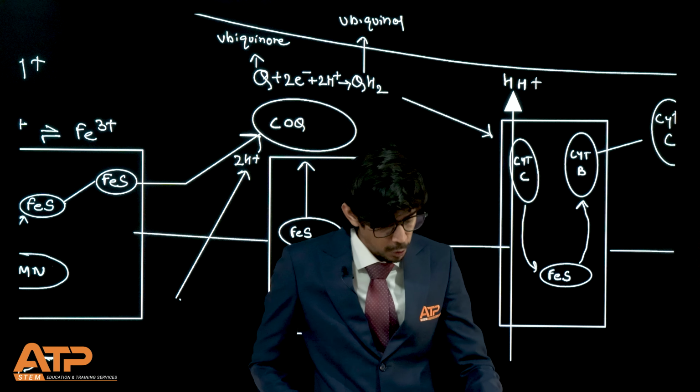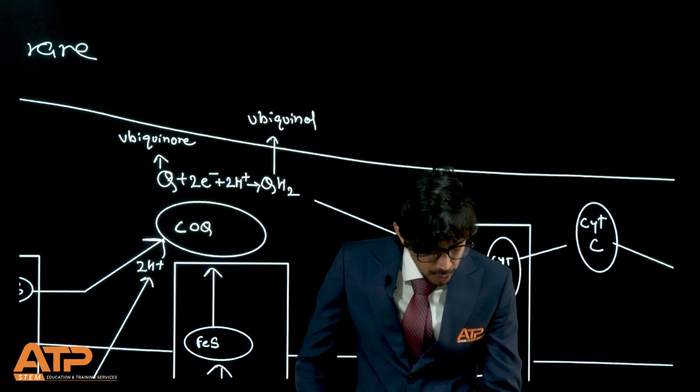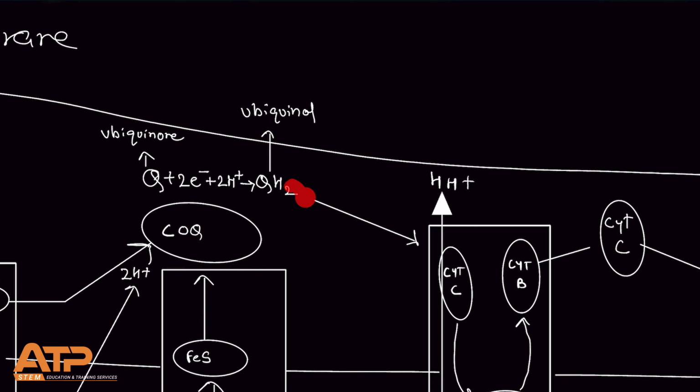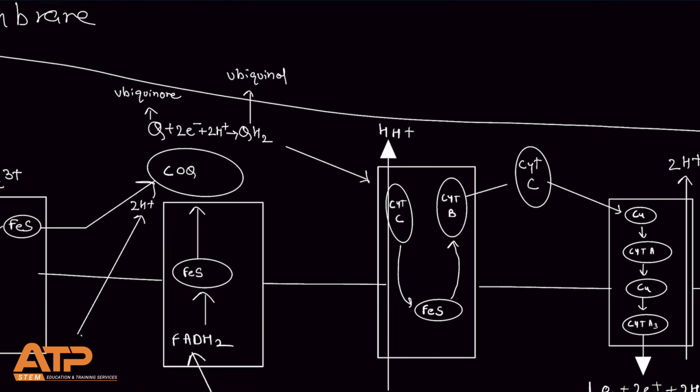Now this coenzyme Q, that is ubiquinol, will give its two electrons to cytochrome C present in complex 3.